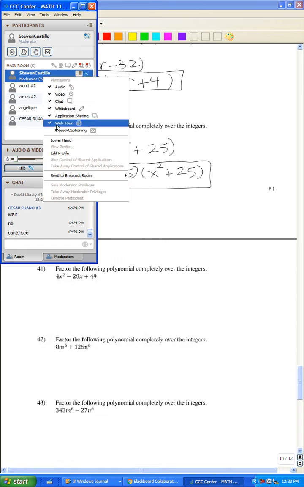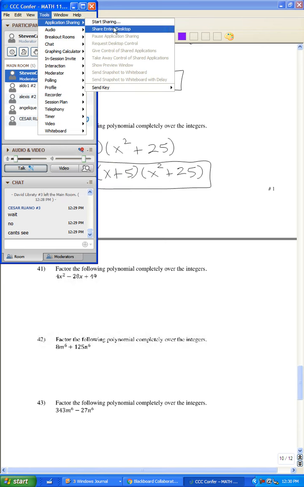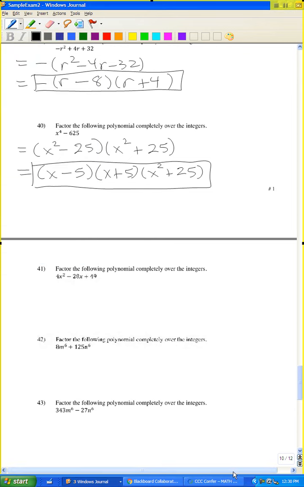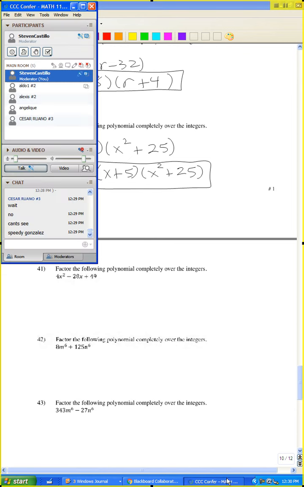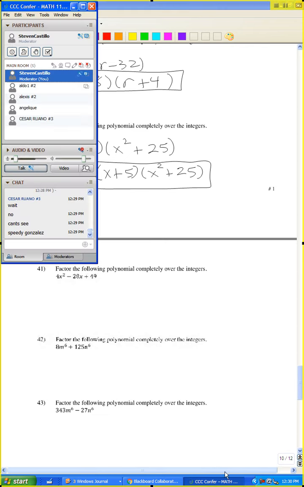Can't see. Okay, let's see. Speedy, I know. Let's see. Okay. Can you see now? Hopefully. Tell me when you can see, I guess.